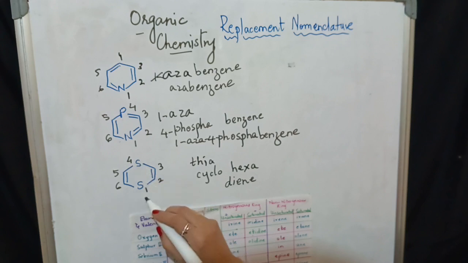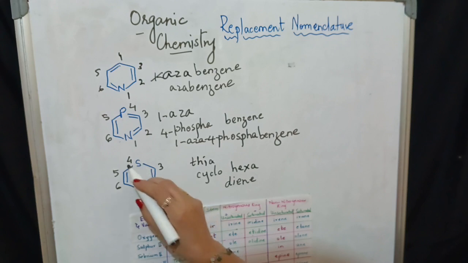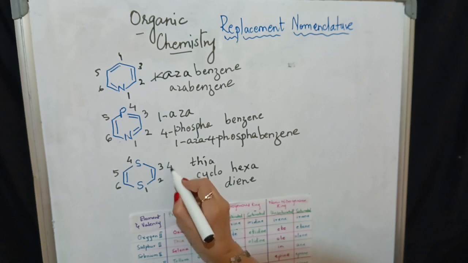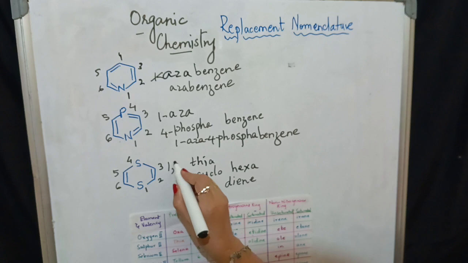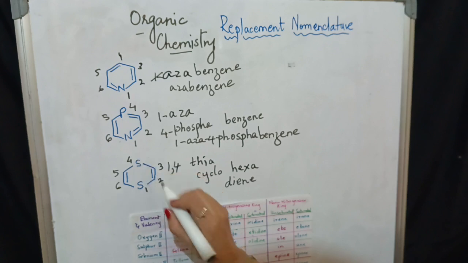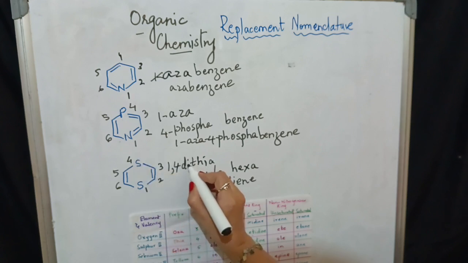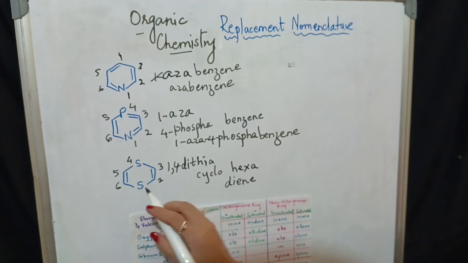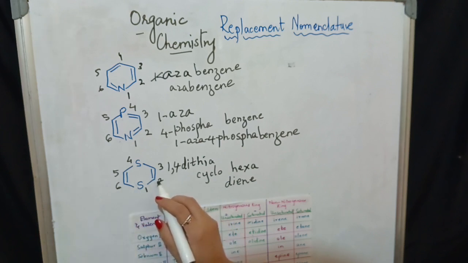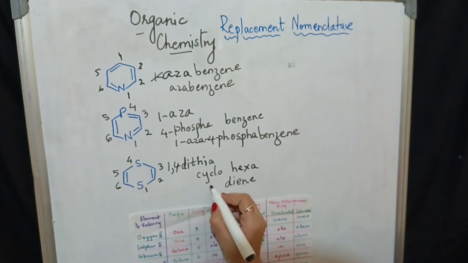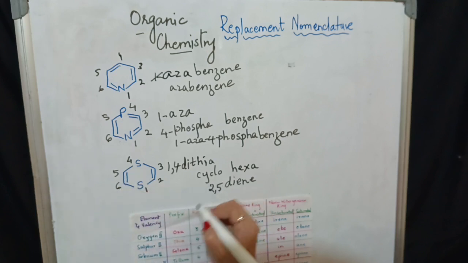The sulfur thia groups are present at number 1 and 4. They are 2 in number, therefore it is dithia. The double bonds are present at number 2 and number 5.